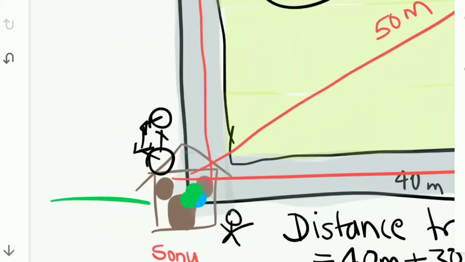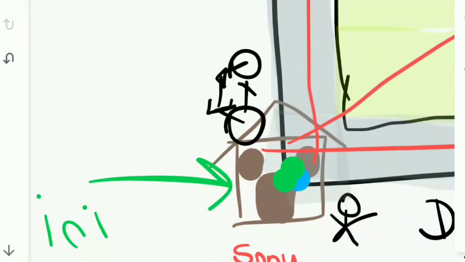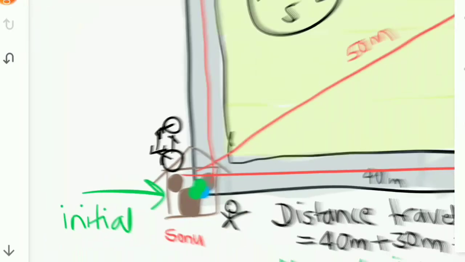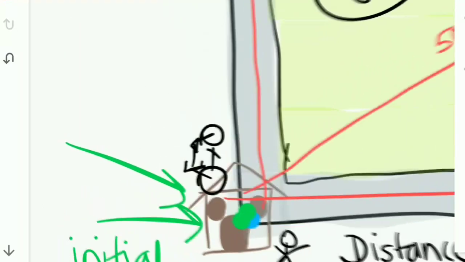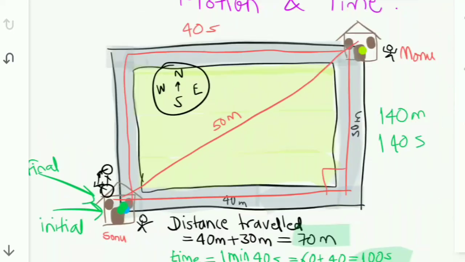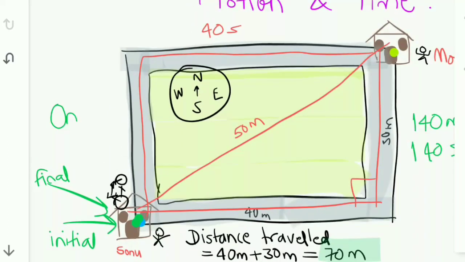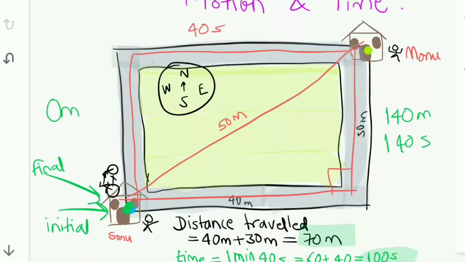So this is his initial position, and this is the same as his final position. So displacement would be, correct, 0 meters, but the time taken would be, correct, 140 seconds.